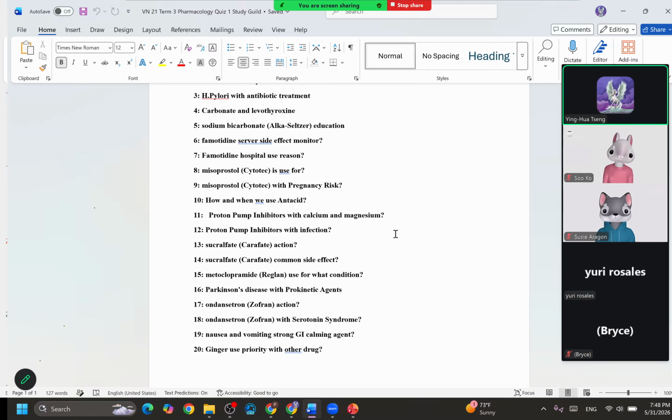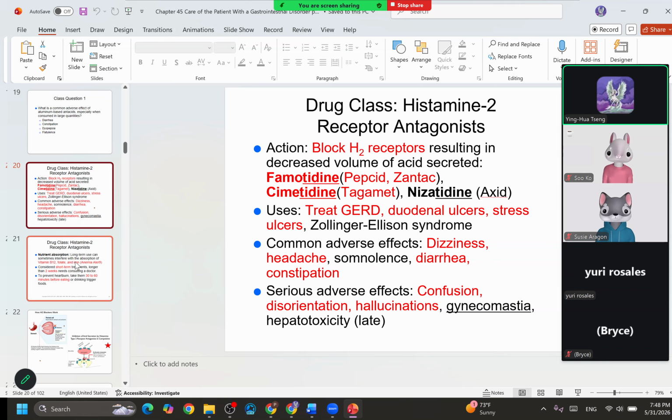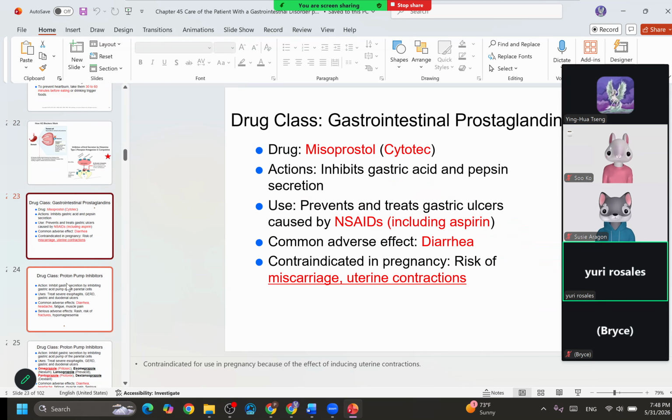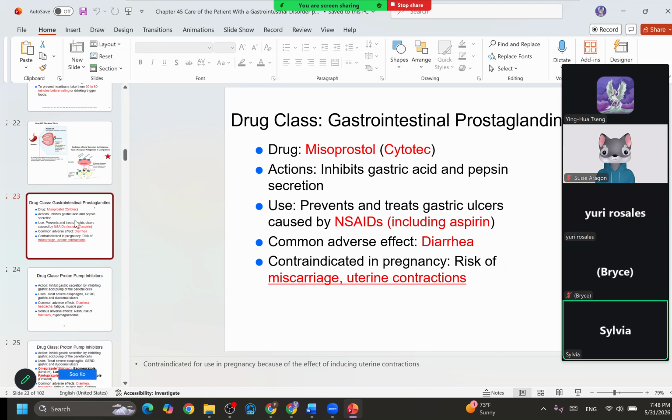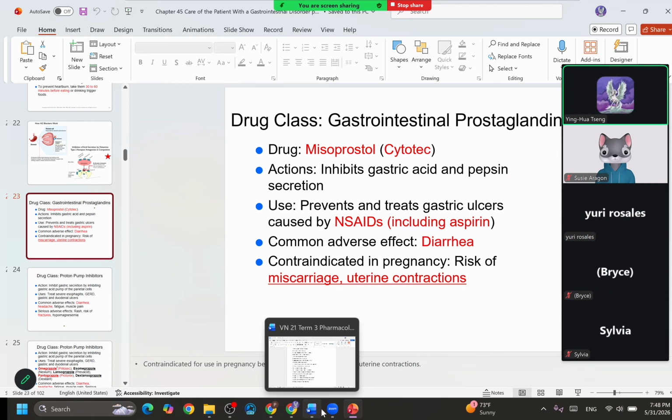Okay, number 9, again the Cytotec with the pregnancy risk. Let me see the PowerPoint. I think I mentioned it. It's miscarriage. Yes, very good. Cytotec will cause abdominal cramping, including uterus cramping.